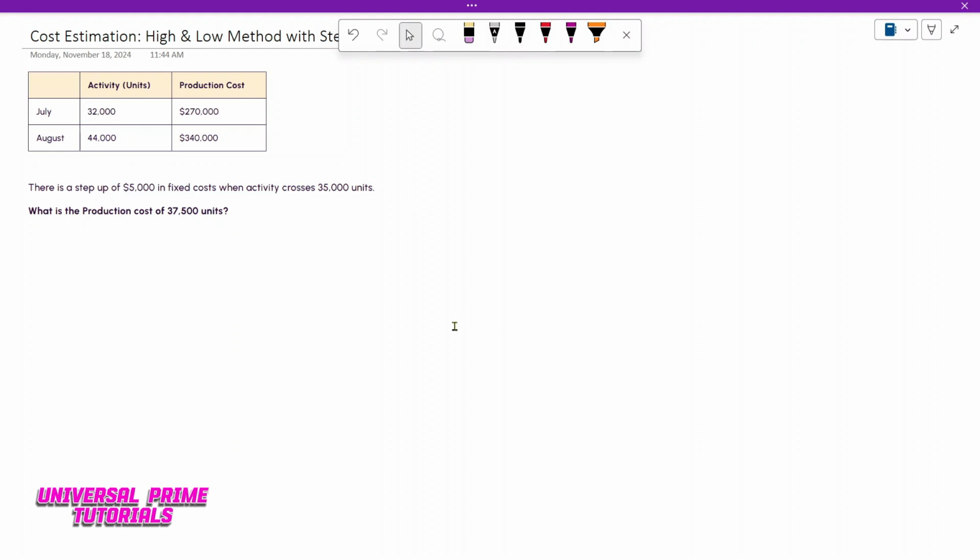Let's look at this particular question. Now, this is the activity levels and the production costs of a company. The question is, there is a step up of $5,000 in fixed cost when activity crosses 35,000 units.